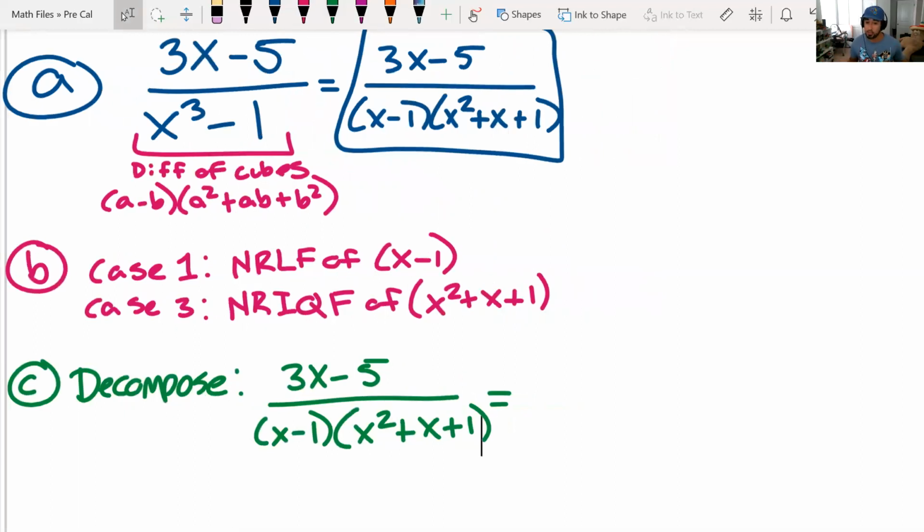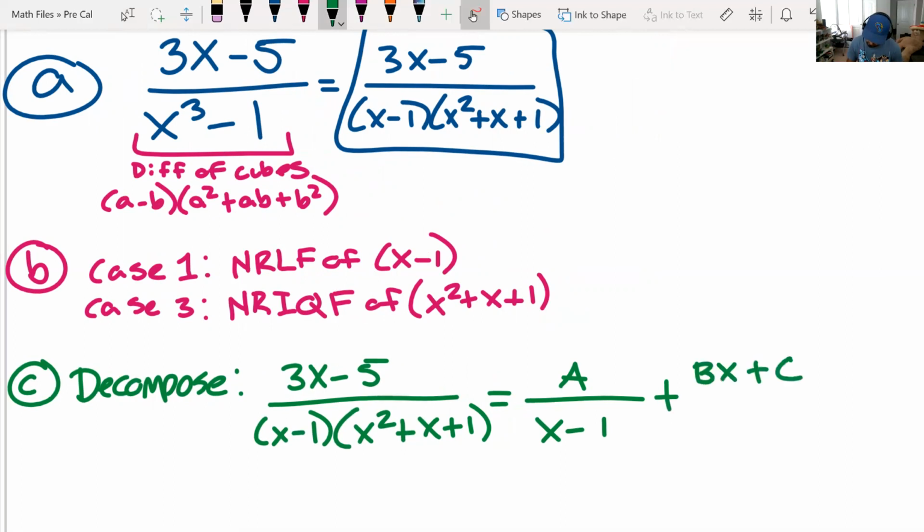First is a case 1 breakdown of the non-repeated linear factor, which is just A over x minus 1, plus a case 3 breakdown. Of course, we use the next letters in the alphabet, so the case 3 breakdown would be Bx plus C over the irreducible quadratic factor. And there's your decomposition.